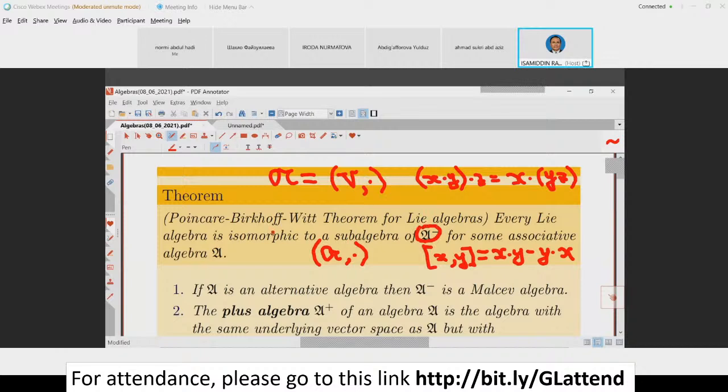The claim of this theorem is that any Lie algebra can be considered as a subalgebra of this. In fact, A minus algebra is a Lie algebra.